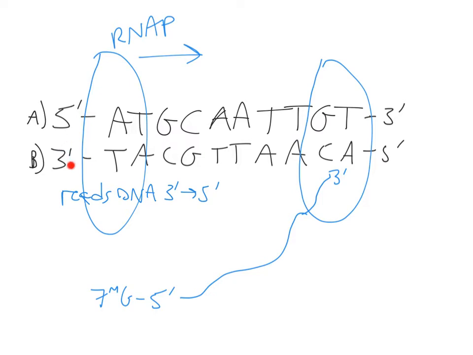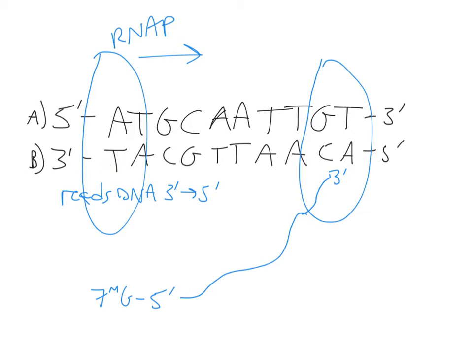Right, that's this orientation from 3' to 5', because it's synthesizing the RNA molecule from 5' to 3'. It's anti-parallelism all over again. In other words, if the first nucleotide that RNA polymerase is going to synthesize is the 5' end of a transcript, that's the complementary base to the 3' end of the DNA.